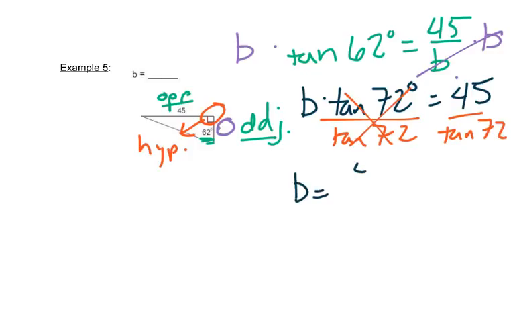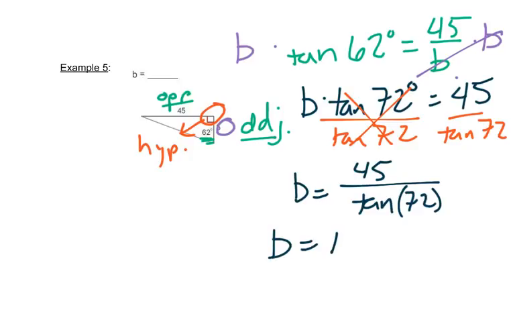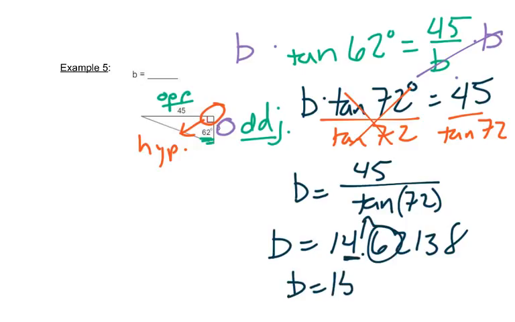So B is equal to 45 divided by tangent of 62. So now you can type all of that into your calculator at the same time. Do 45 divided by tangent 62, enter, and B is equal to 14.62138. We'll round to the nearest whole number, so this tells us to go up. So B is 15.